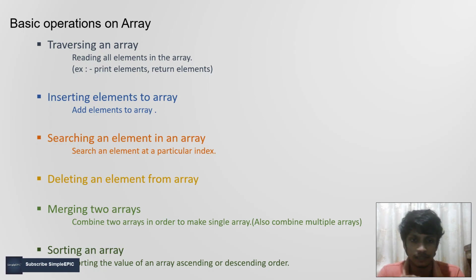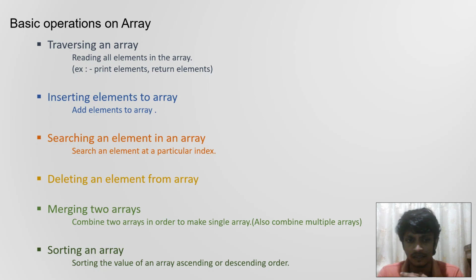The other thing is merging two arrays, which means combining two arrays in order to make a single array. Typically you can merge any kind of arrays. It won't be limited to only two arrays. It could be 3 arrays, 4 arrays, 5 arrays, any number of arrays you can combine. But the code will be kind of complicated. We will get to that later in the episodes.